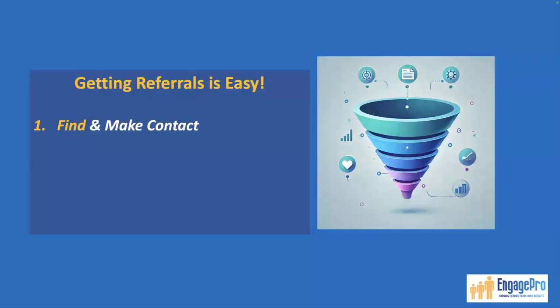So you find and make a contact. That contact is made in places like Alignable, and in many other ways. It could be at a networking meeting, a virtual meeting, at a coffee shop, at an alliance meeting. There are lots and lots of ways to make that initial contact.